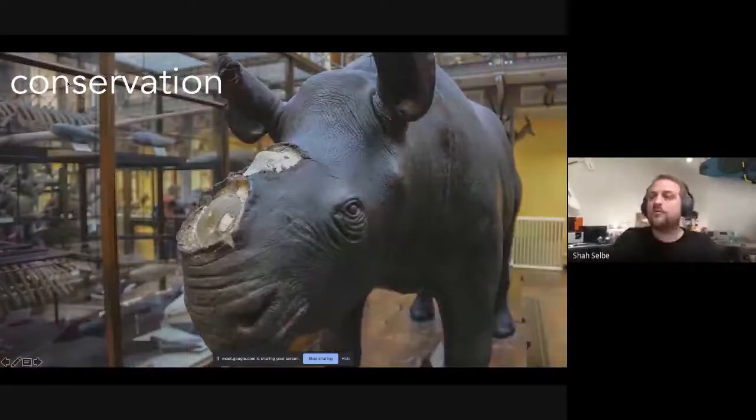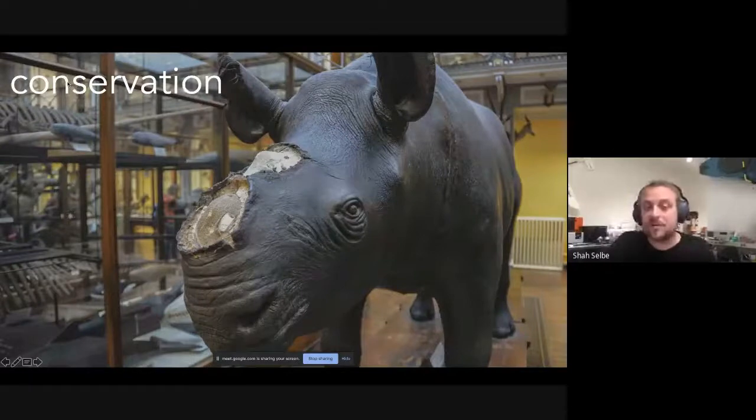So why are we focused on conservation? This is something that I probably don't have to tell a lot of the people who are listening today, but we're effectively failing when it comes to conservation. We're not doing a good job. We're seeing an extinction rate of species that's 1,000 times above what the baseline extinction rate should be.